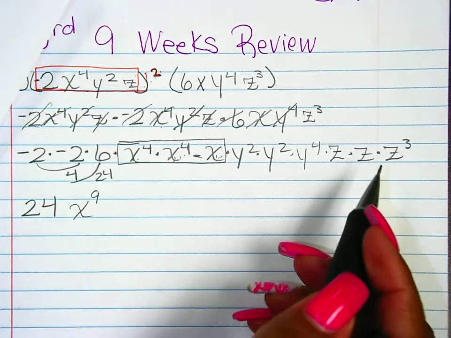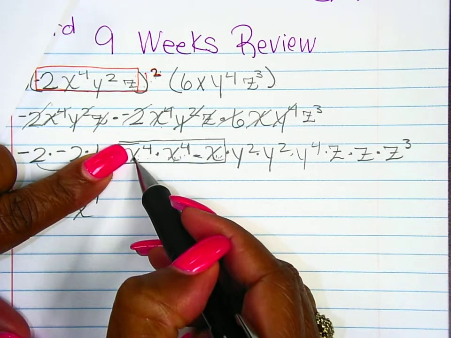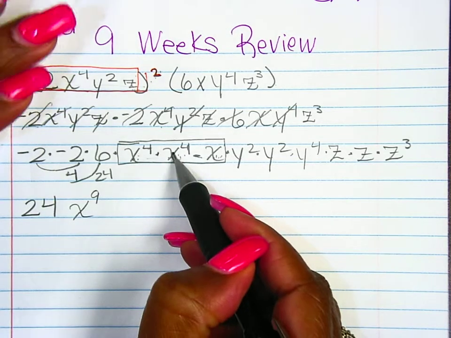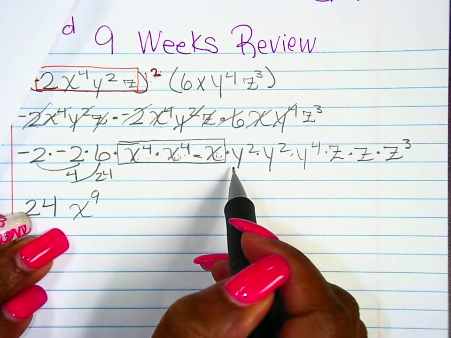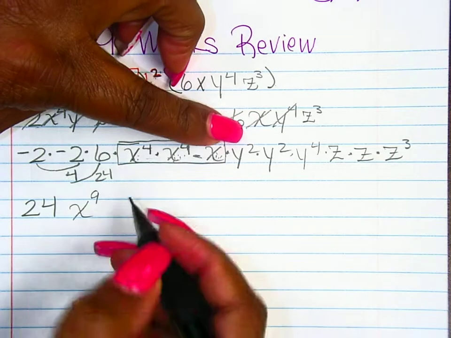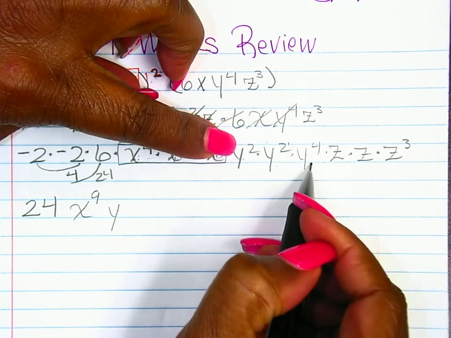Okay? Think of it like this. If I tell you to write this in expanded form, you will write x 4 times: x times x times x times x. Then you'll do the same here, and you just write this once. And if you count all of those x's, you will end up with 9 for your exponent. Okay? So here with the y, I have y squared times y squared times y to the 4th.